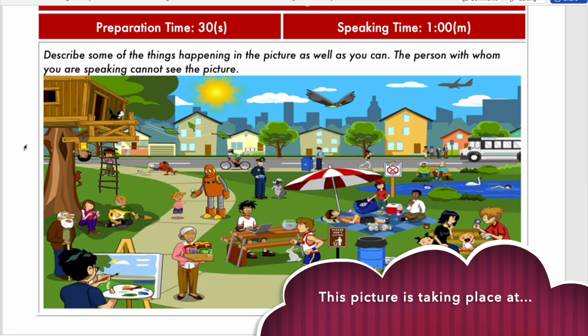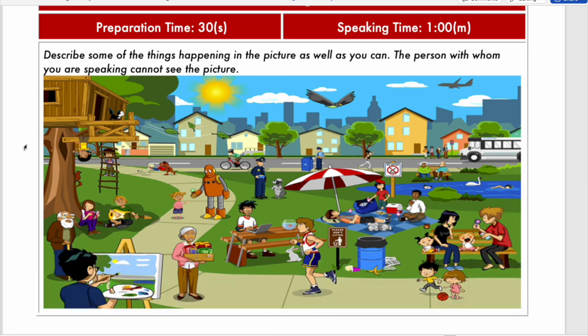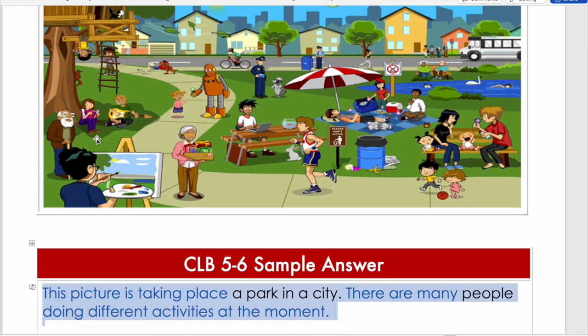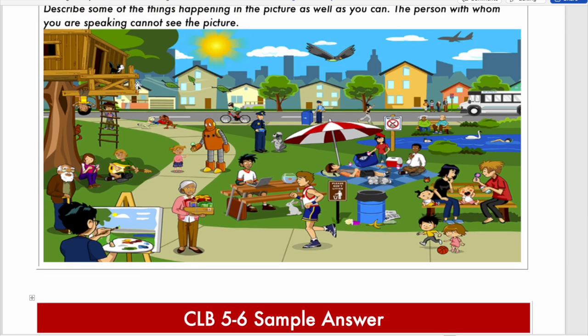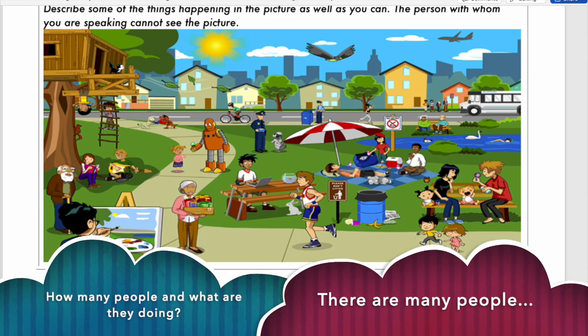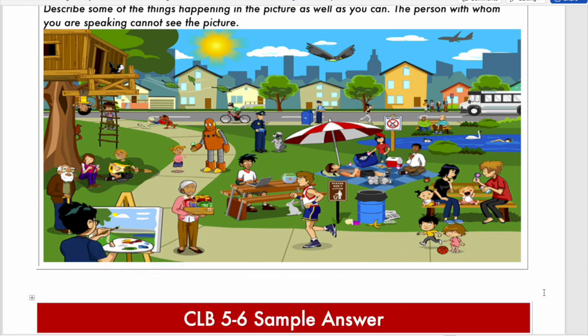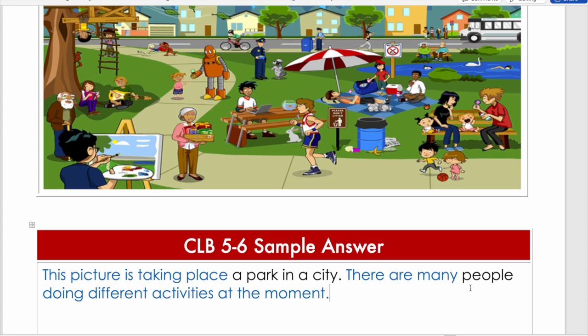Okay, so we start by answering, where is the picture taking place? This picture is taking place at a park in the city. Right. It looks like a park in the city. I see a background here. And then we should also answer, what kind of people do we see? Generally, we can say there are many people doing different activities at the moment.